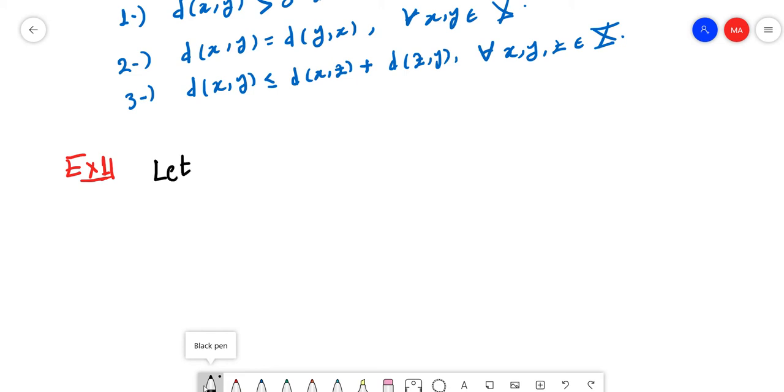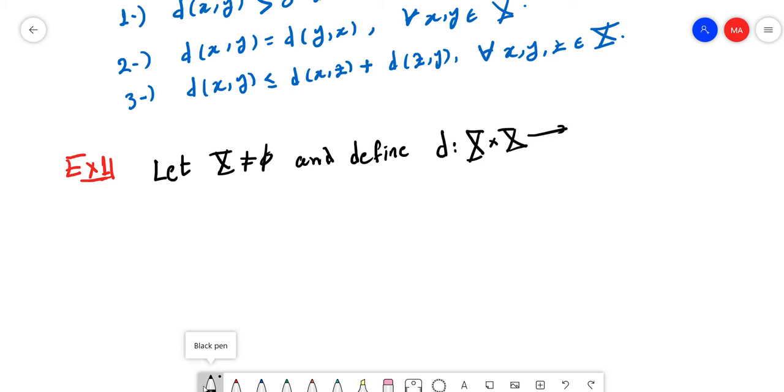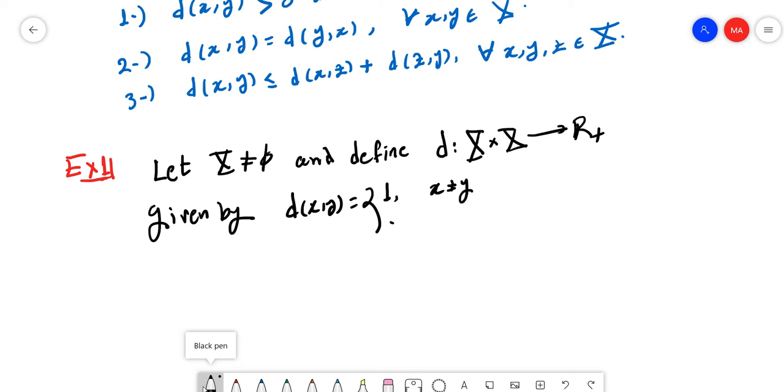Let X be non-empty and define d from X cross X into R plus, given by: the distance between any 2 points is 1 when x is not equal to y and 0 when x equals y.